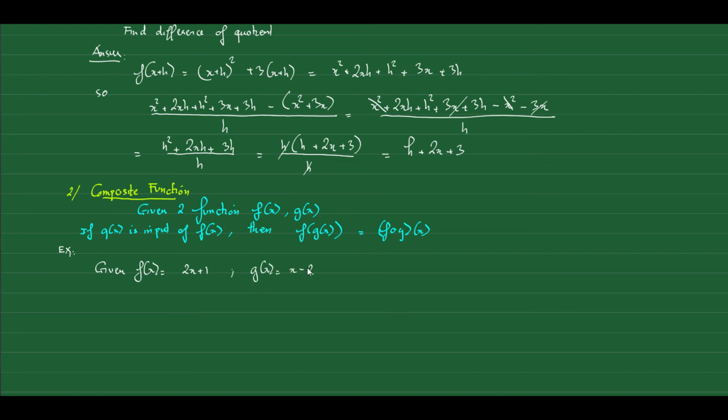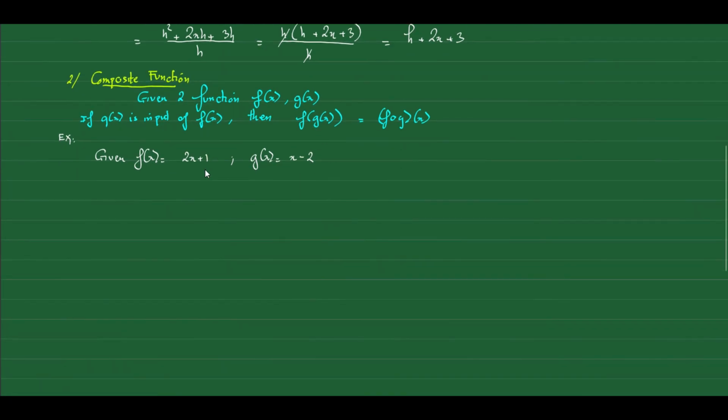So I have two linear functions like this, and I want you to find f composed to g, g composed to f. I can compose them to one another, or I can compose f to f if I want, or g to g if I want.